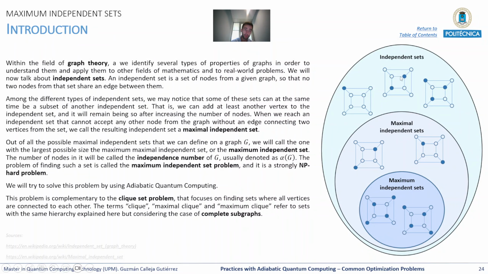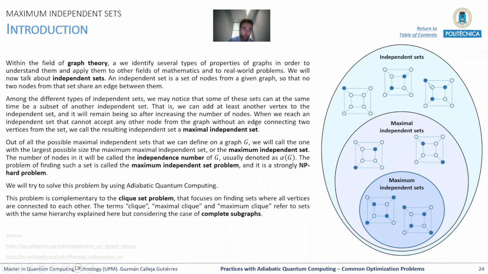But with two, there's no direct connection between them. We should have a diagonal edge here that we don't have, because this one is not directly interconnected. We have a node in between them, so this doesn't count as a connection. So this is an independent set, a set with two nodes that are not interconnected between them.